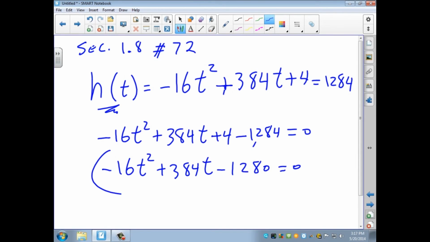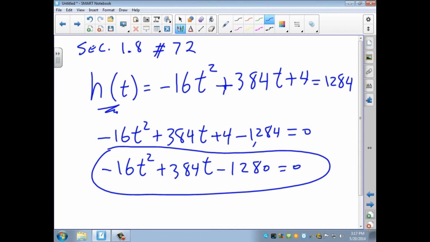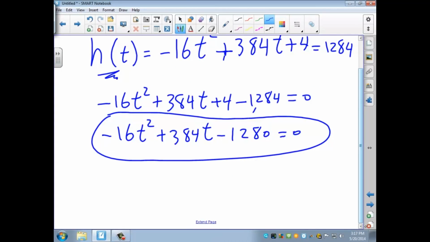So what you have here is a quadratic equation. Solve for t. You can solve for t either by factoring or using the formula. And you're going to end up with two answers for t. Right? So that would tell you the two points at which the rocket reaches the height of 1,284.